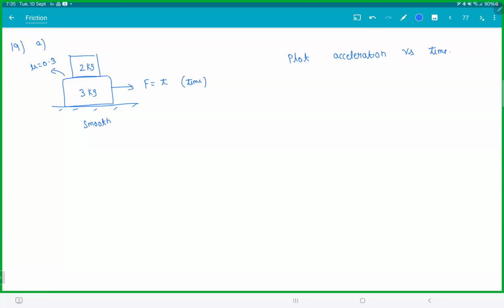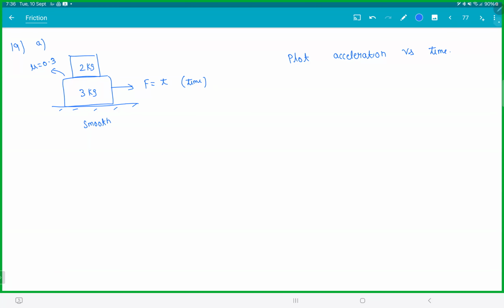Yeah, you have to draw AT graph for both the blocks. Let me give you an idea for this.